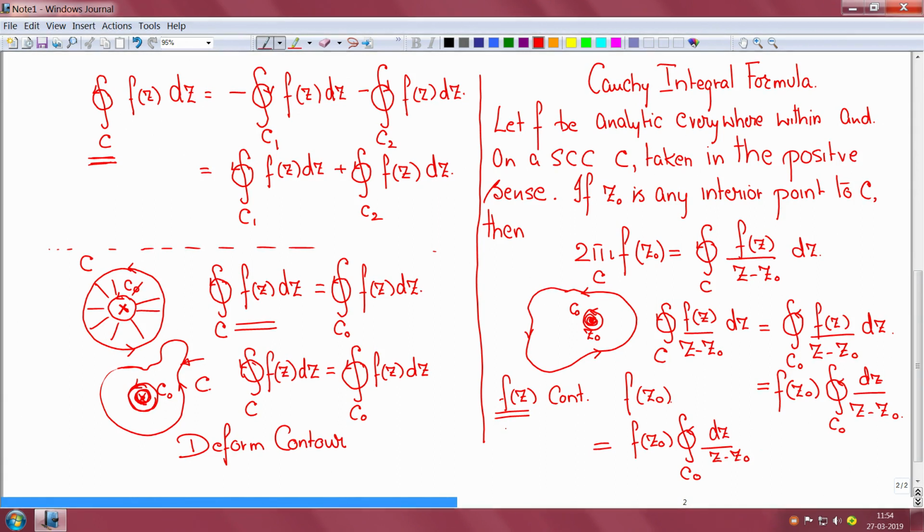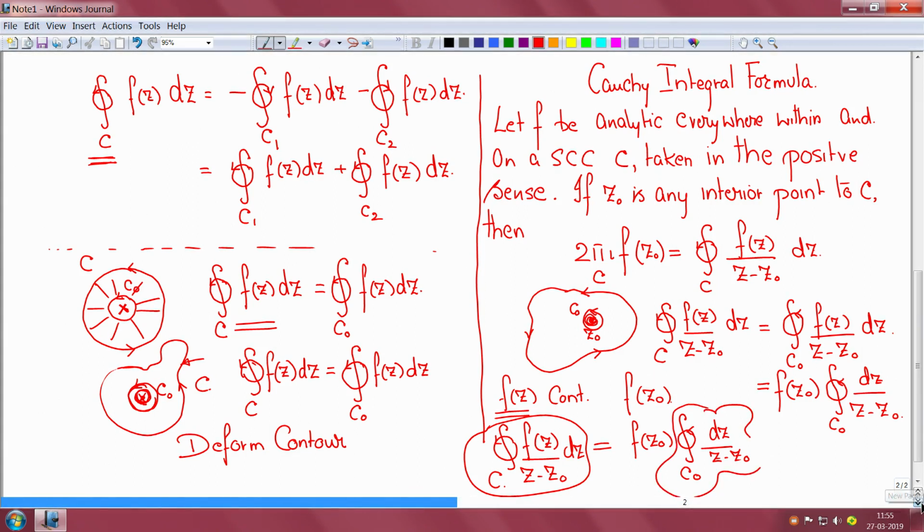This is the value of the integral we began, f of z by z minus z0 dz over the original contour C, which we should not forget. We are trying to compute the value of this particular integral. Okay. So, now we have to evaluate that part.